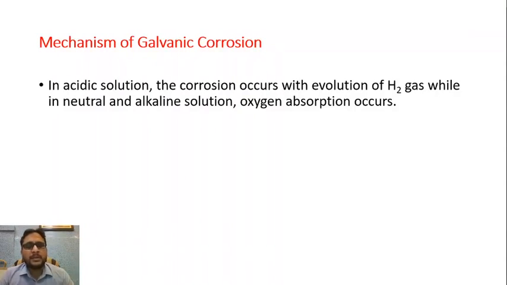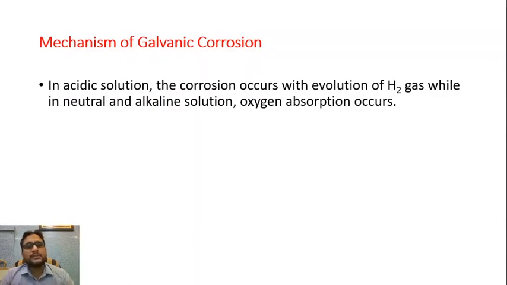This has already been discussed during wet corrosion, in which we have shown that under acidic environment, the electrons released during oxidation of metal at the anode are accepted by the H positive given by the acid, and that H positive gets reduced into H2, and evolution of hydrogen gas takes place.